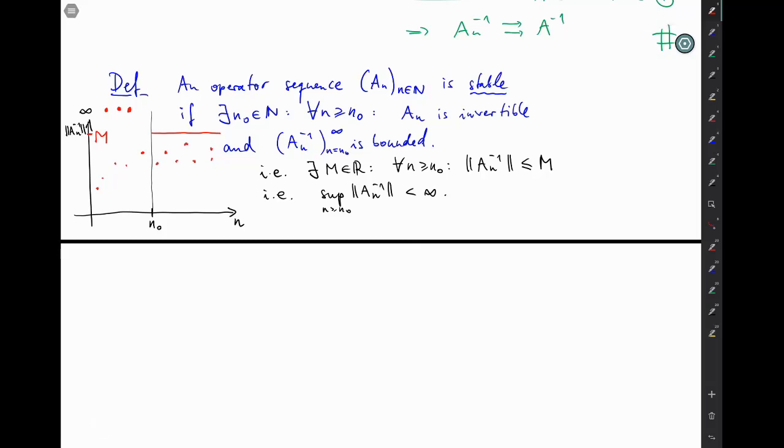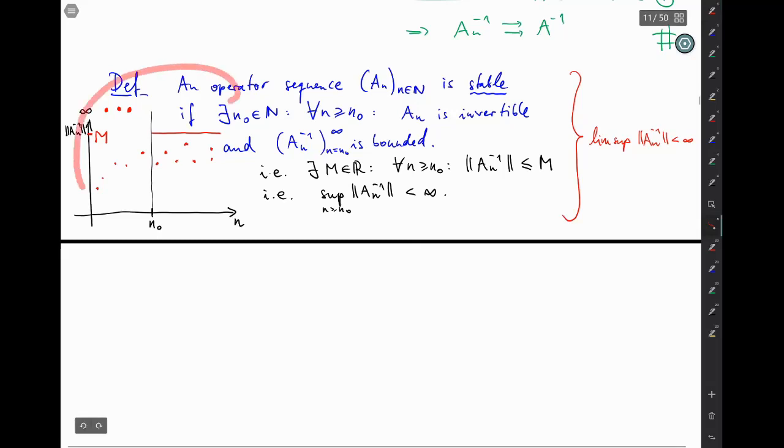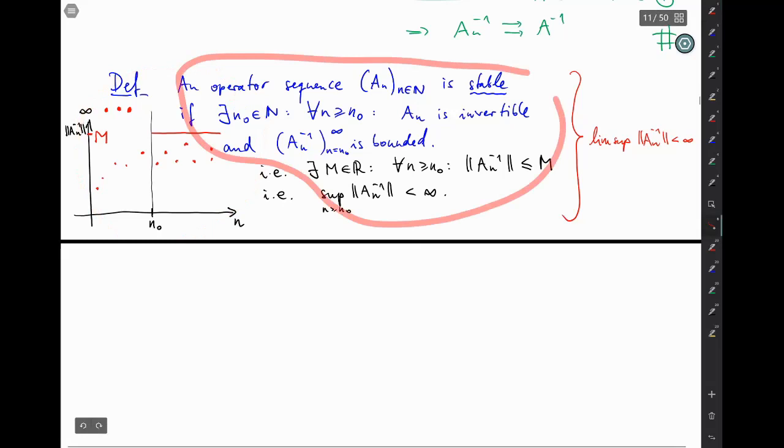And if you want, then you could even abbreviate the whole definition by the following expression. The lim sup of the norms of our inverses is finite. So, well, of course, if you give me that answer in the exam, then you have to explain what the lim sup is and why all of that is coming down to this explanation or that one here.